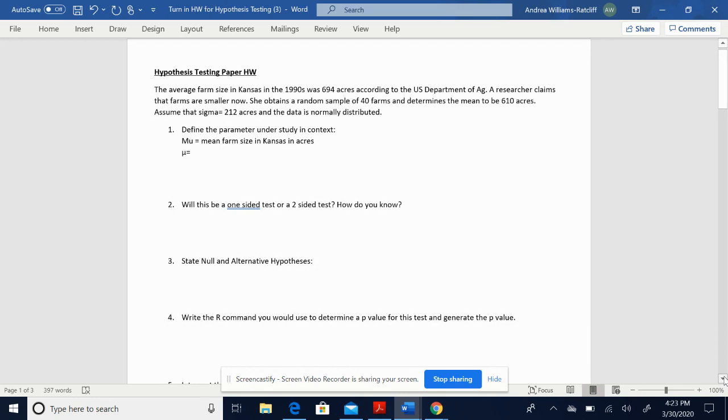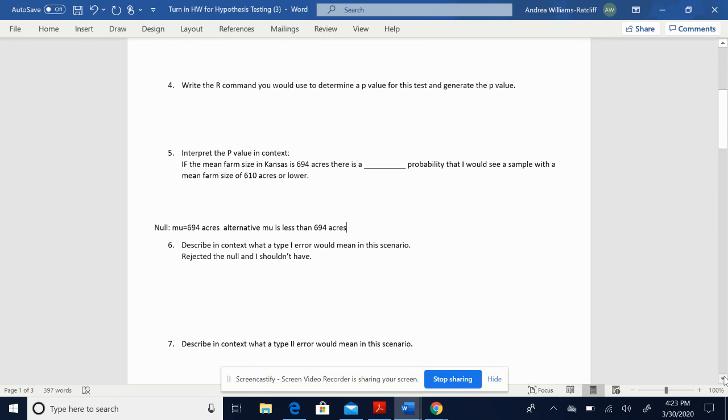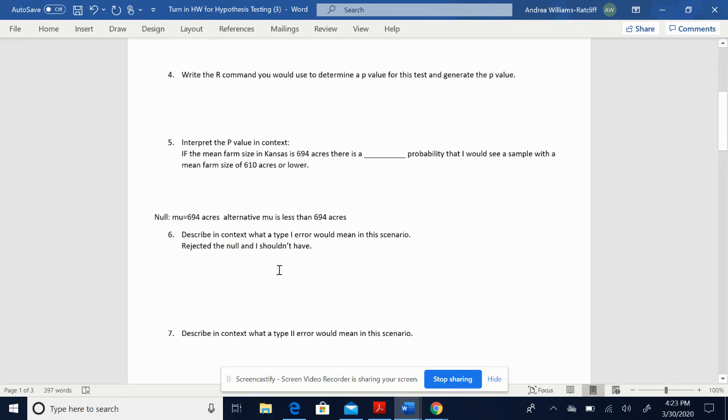So if those are my claims, and I'm looking at these errors, I rejected the null. So go look at your null. What did the null say? It said that the average farm size in Kansas now is 694 acres, and you rejected that. So what does that mean? You disagreed with this, right? So let's write down, that's what we said.